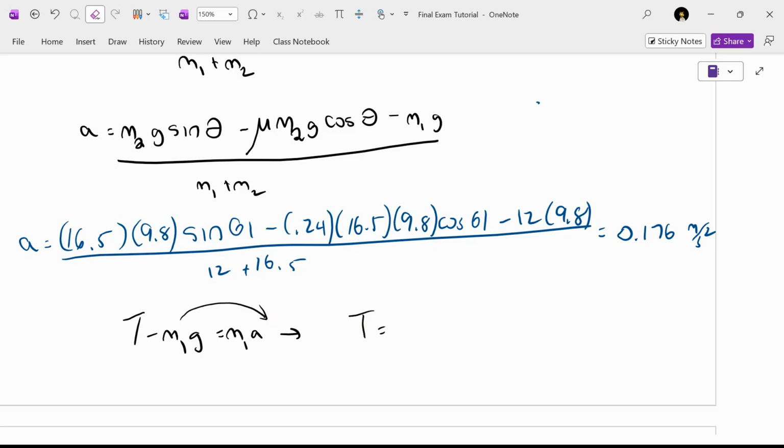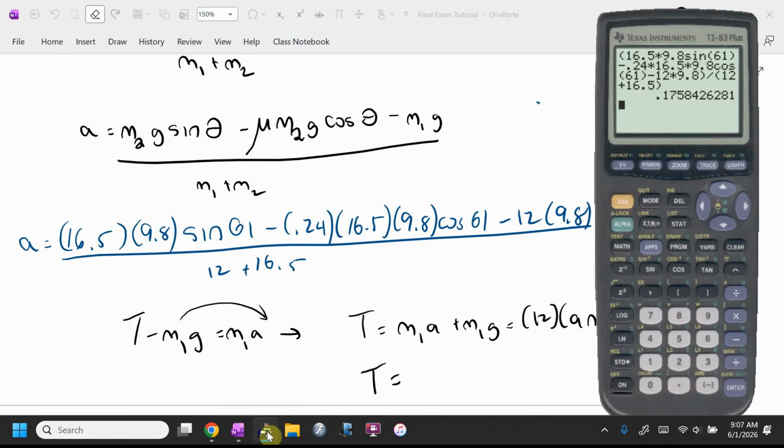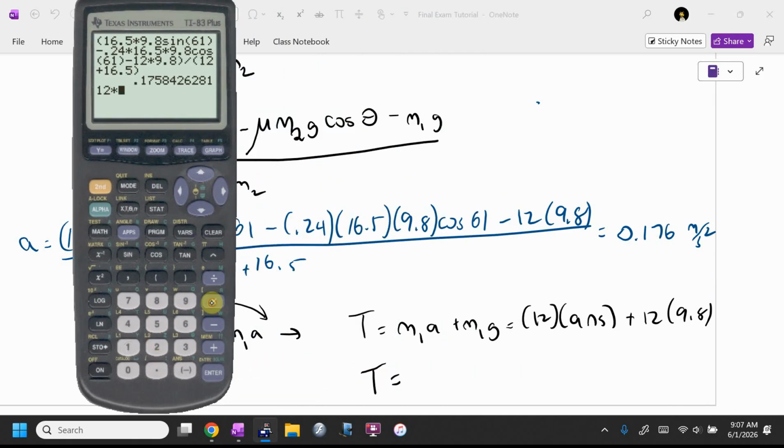Tension equals m1a plus m1g. I'm going to get 12 times my answer button, plus 12 times 9.8, and I get 119.7, I guess 120 newtons.